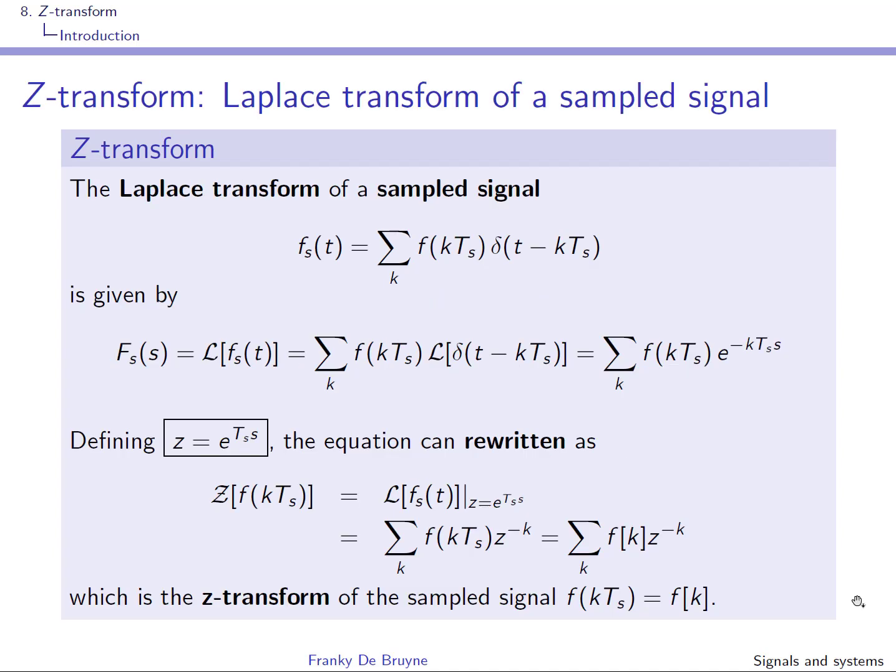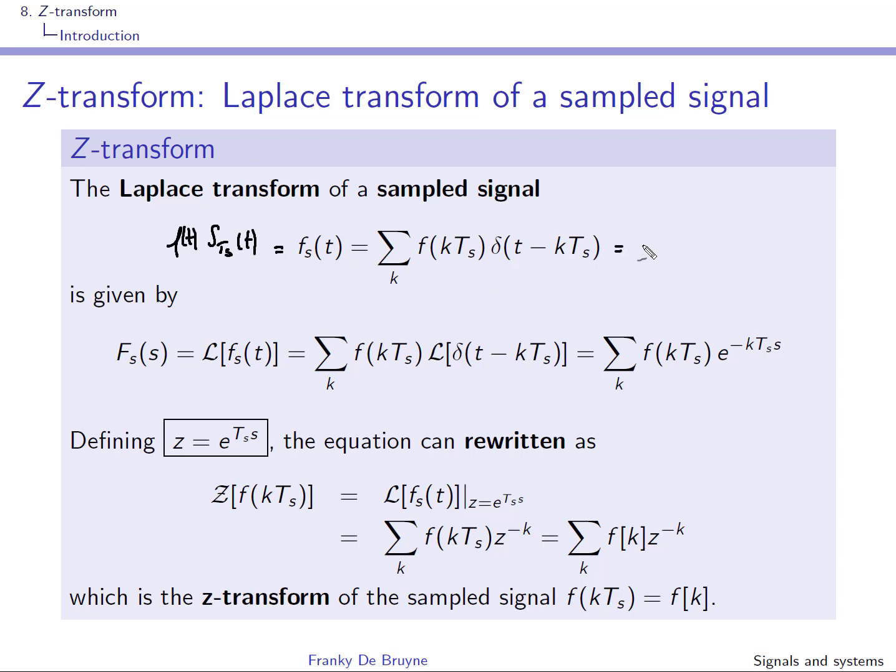Well, in order to introduce the Z transform, we'll go back to a sampled signal, and we take the Laplace transform of that sampled signal, and we'll obtain the so-called Z transform. So remember that a signal is sampled by multiplying the signal that you want to sample by the Dirac comb.